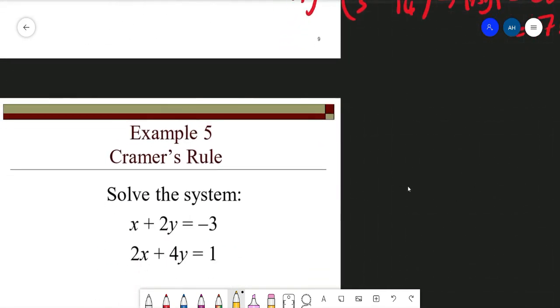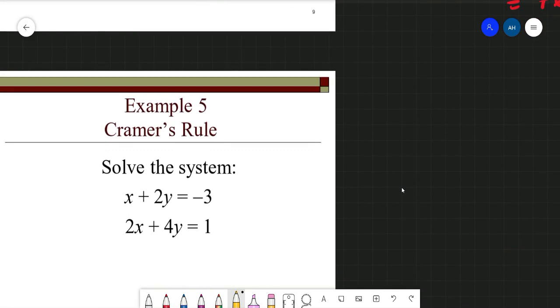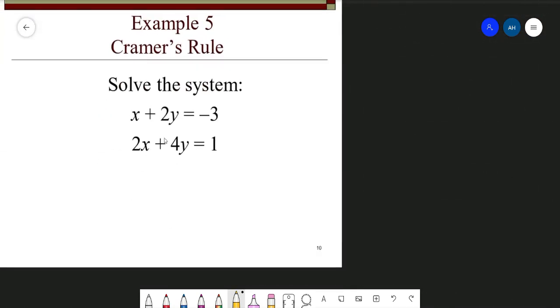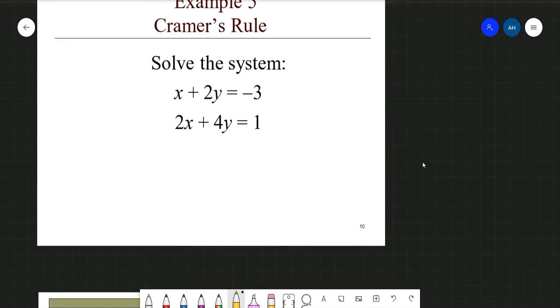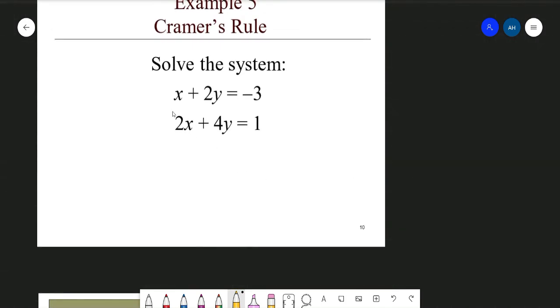Now in example number 5, here we have x plus 2y equal to negative 3, and 2x plus 4y is equal to 1. In this example, when we sketch the graph of this, it will be a straight line. The second one also will be a straight line. This is equation number 1, and let's call this one equation number 2.